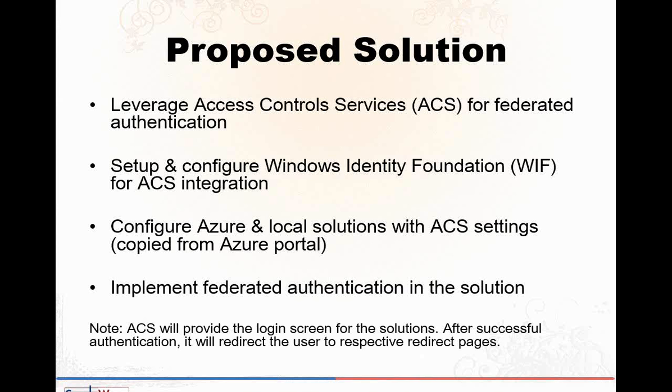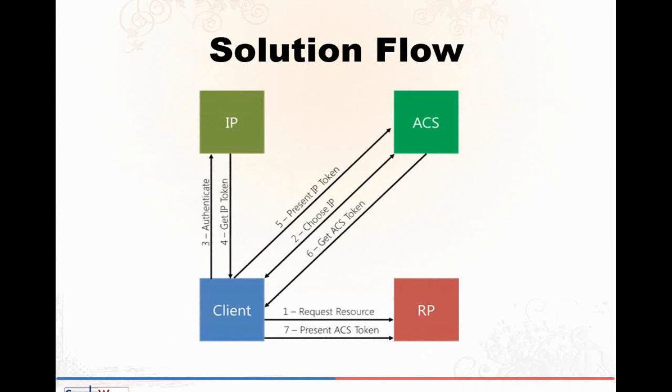So WIF is a prerequisite. Once we install and configure WIF and integrate the configuration settings with the solutions, it is a cakewalk to achieve SSO. Now, how does the overall authentication flow happen?